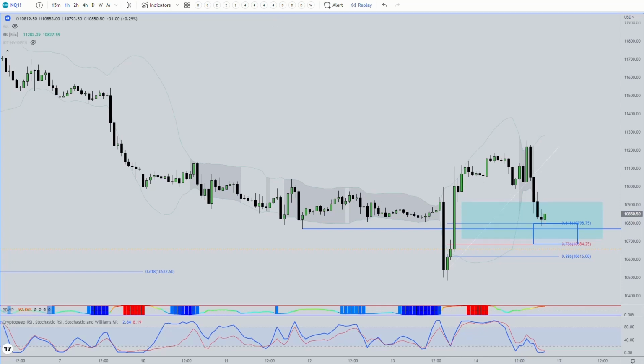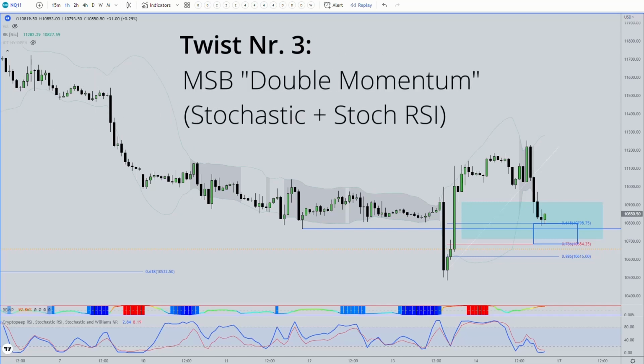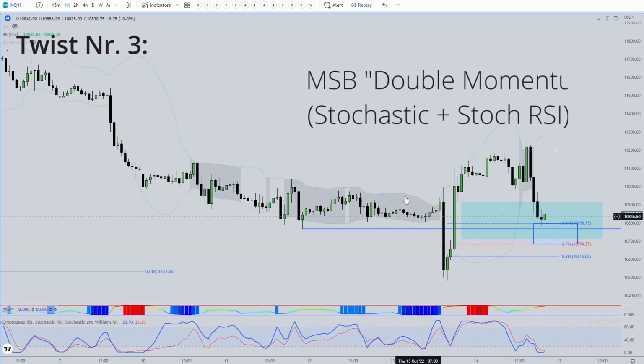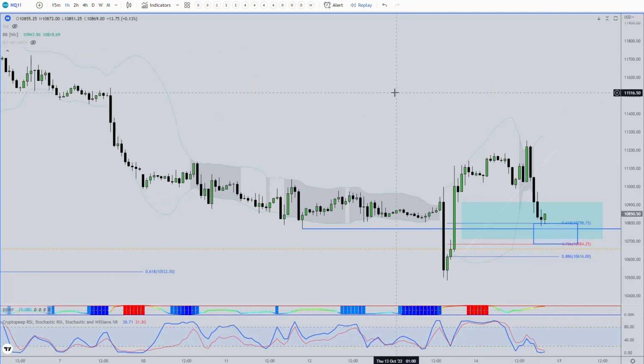Now let's add my final little secret ingredient, which is the so-called double momentum. What am I talking about? Simply, I'm talking about low momentum on the stochastic and also on the stochastic RSI. Yes, I know it is simply an indicator based on price action and it can stay overbought for quite a while.